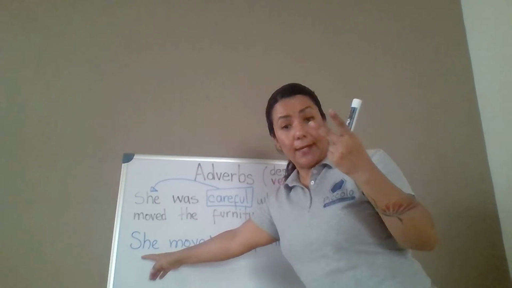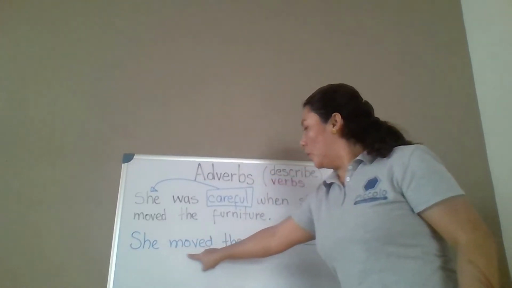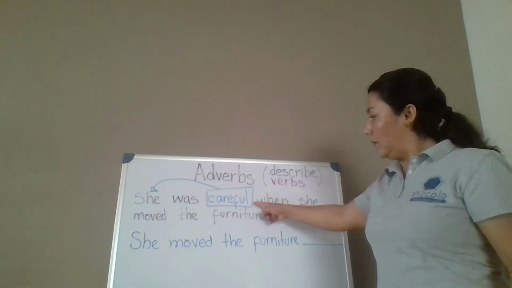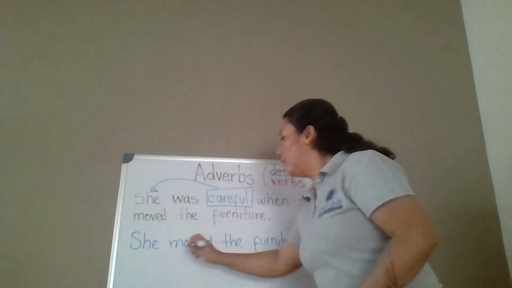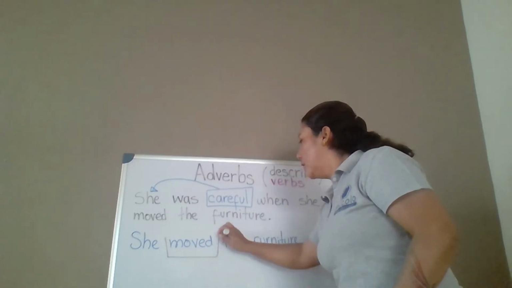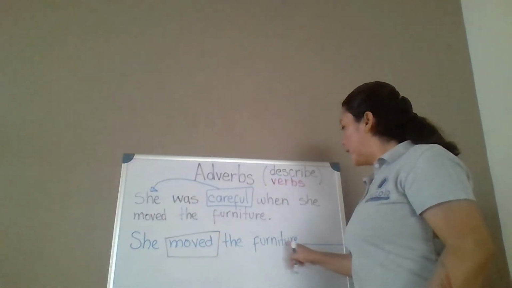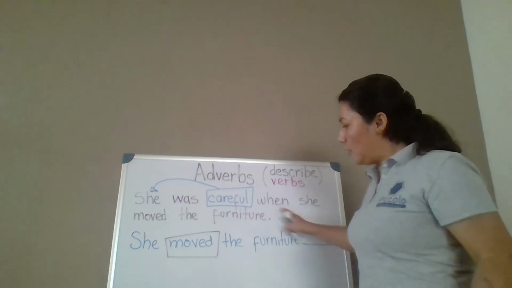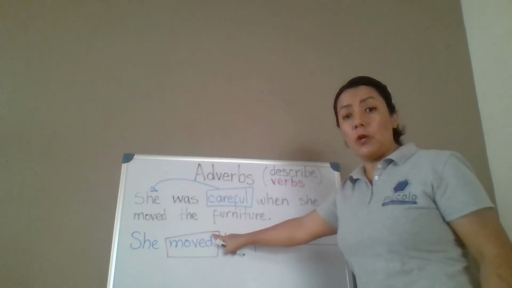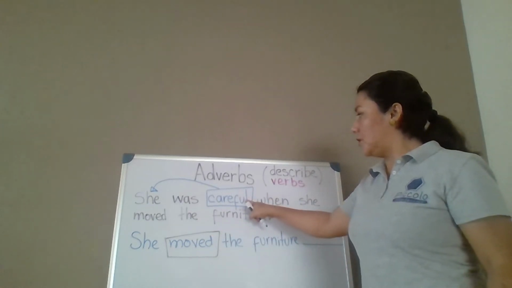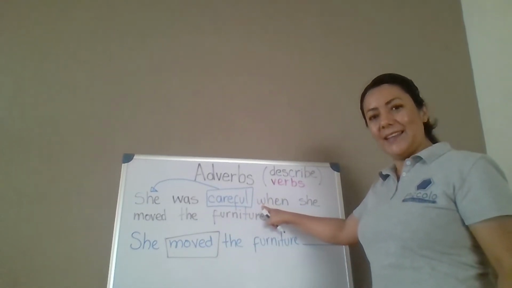Okay, let's read the second sentence. She moved the furniture. How? How did she move it? We need an adverb to describe the way she moved the furniture. Remember what happens to this at the end?